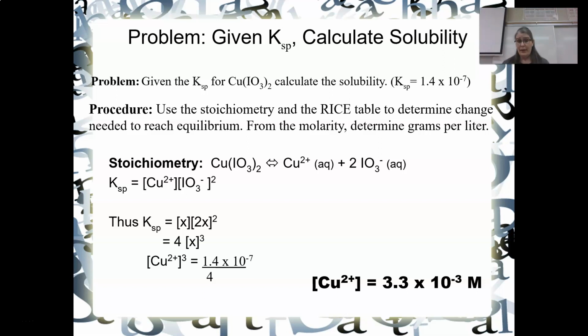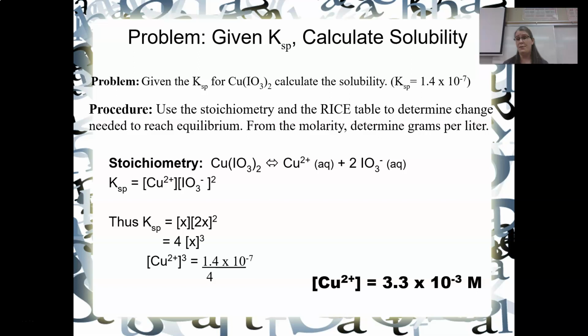Now the thing to think about here is that since there is one copper ion in copper iodate, the concentration of the copper ion is the same as the amount of copper iodate that dissolved, because it's a one-to-one relationship.